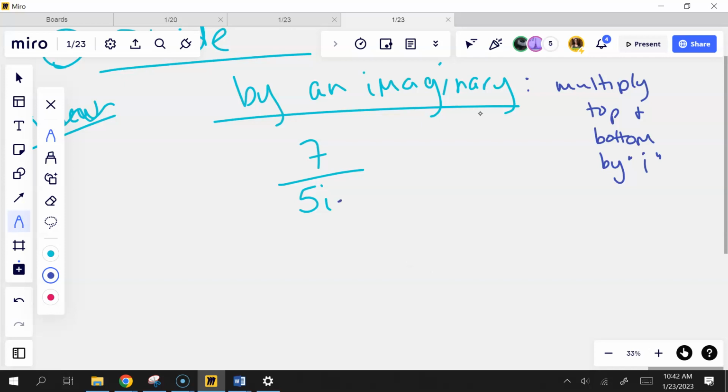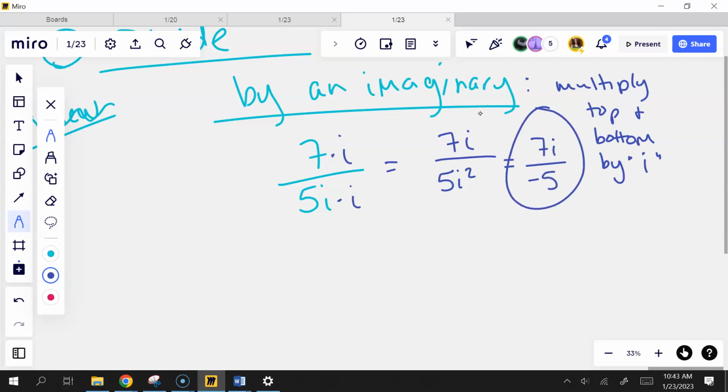You don't want it by 5, you just want it by i, and you want it in the top and the bottom. Why? What does the top become? 7i. What does the bottom become? Close. Now I no longer have a radical in the bottom, and I'm A-OK to proceed.